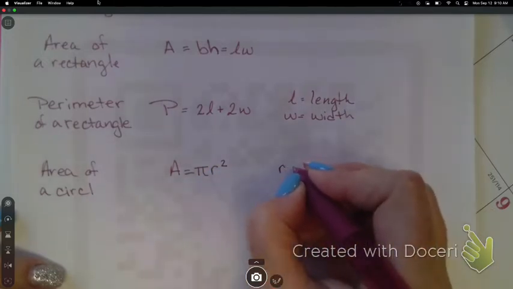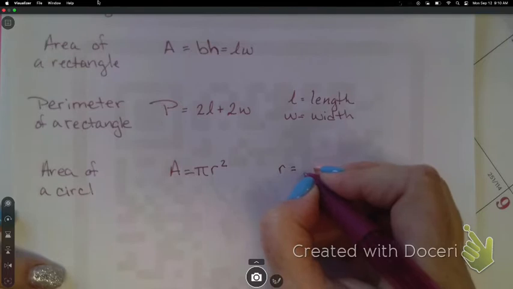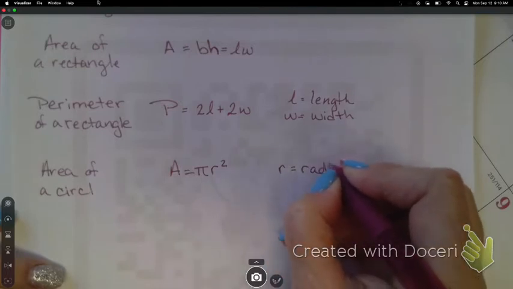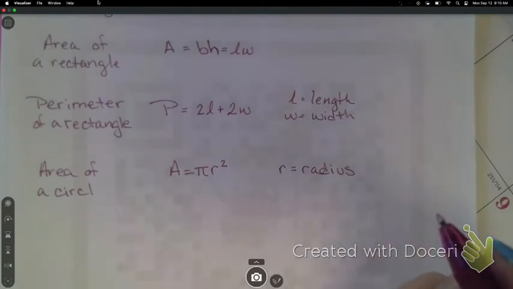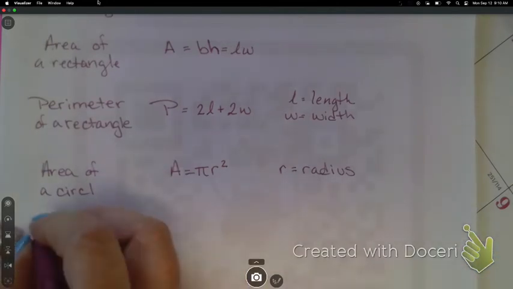So R is equal to radius. Now, every formula that we've said so far, maybe not the temperature, but everything else, the ACT expects you to know. They will give you other things, but not.